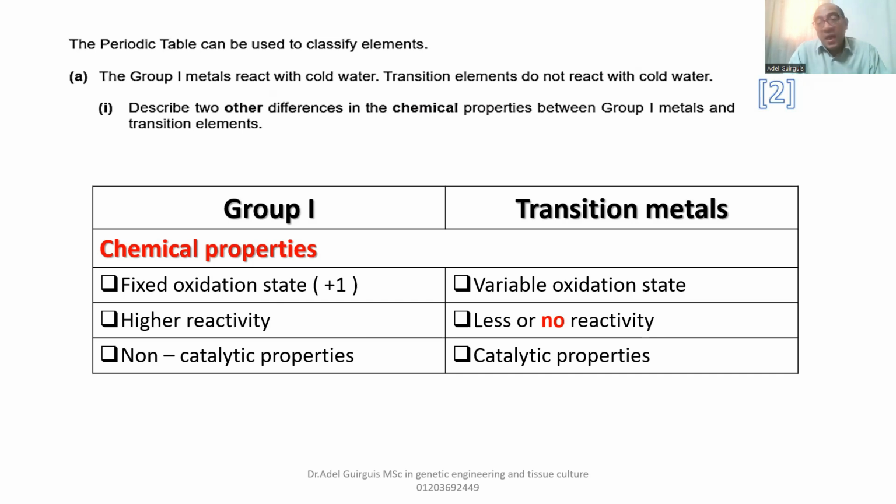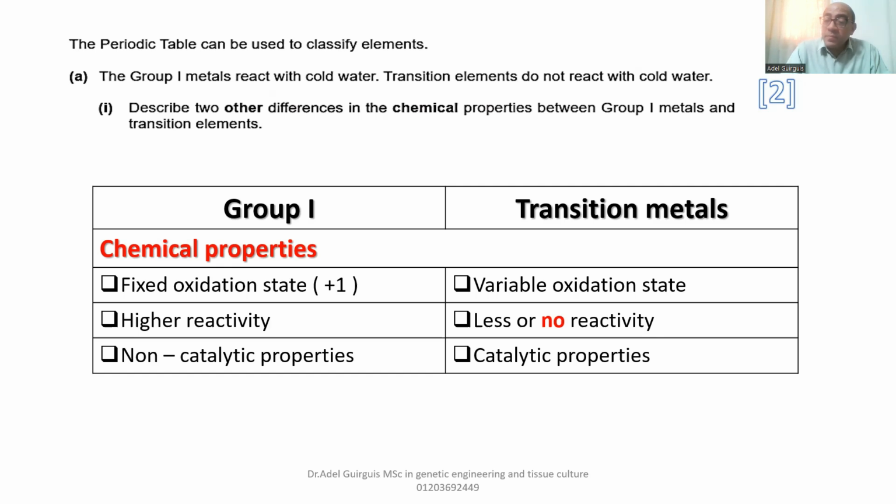Non-catalytic properties, they have no catalytic properties, while transition metals each one has a variable oxidation state, less or no reactivity, like gold, like platinum, less reactivity or no reactivity.